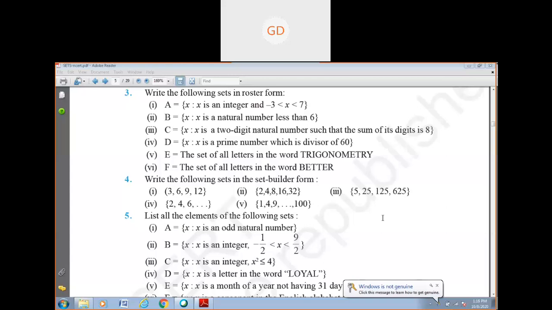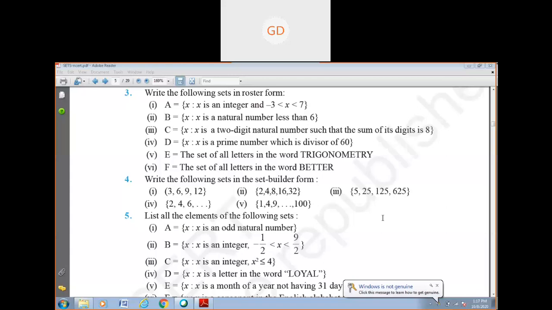So observing carefully, we have found the elements are multiples of 3. Only 4 multiples are here, the first 4 multiples of 3: 3 into 1, 3 into 2, 3 into 3, 3 into 4. That is the main characteristic of the elements.